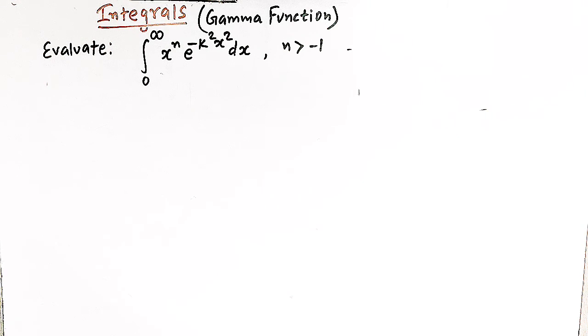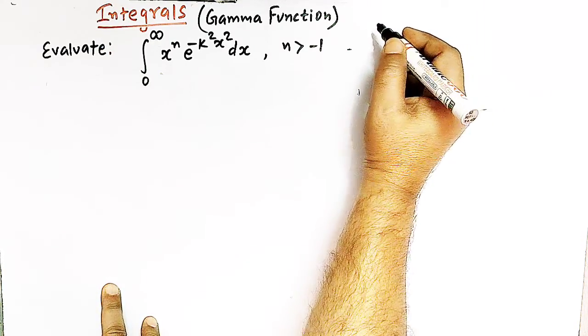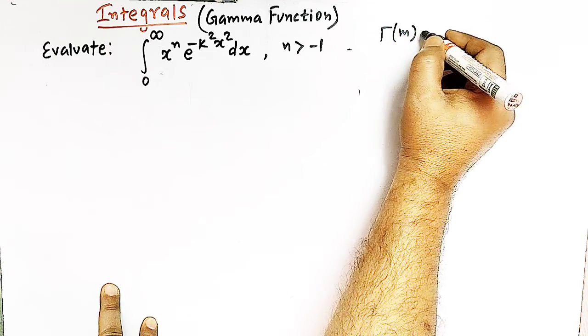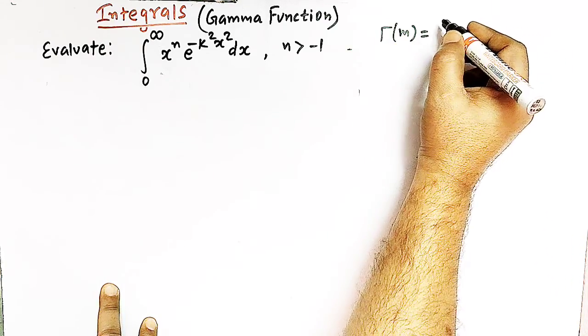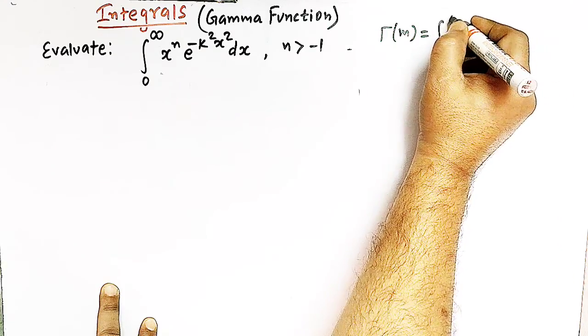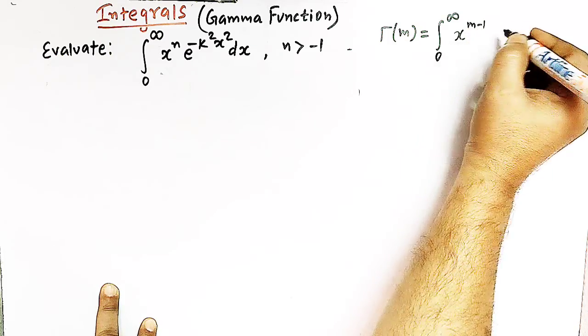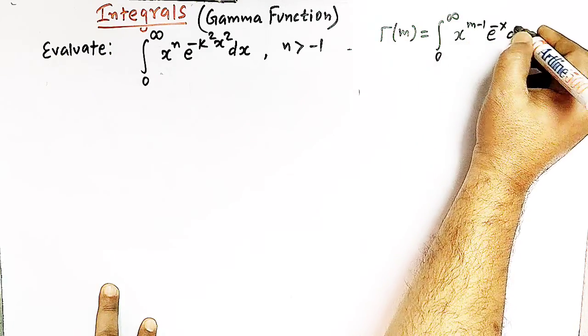So let us first define a gamma function, and then we'll see how we can find out the value of this integral using the concept of gamma function and the substitution method. So the gamma function is denoted by say gamma m, and the gamma function is defined by this improper integral from 0 to infinity of x raised to m minus 1 e raised to minus x dx.